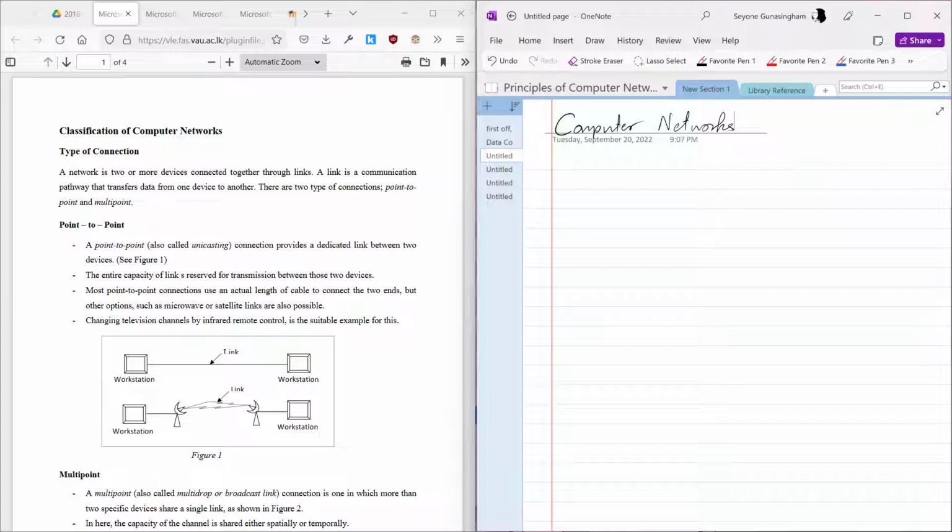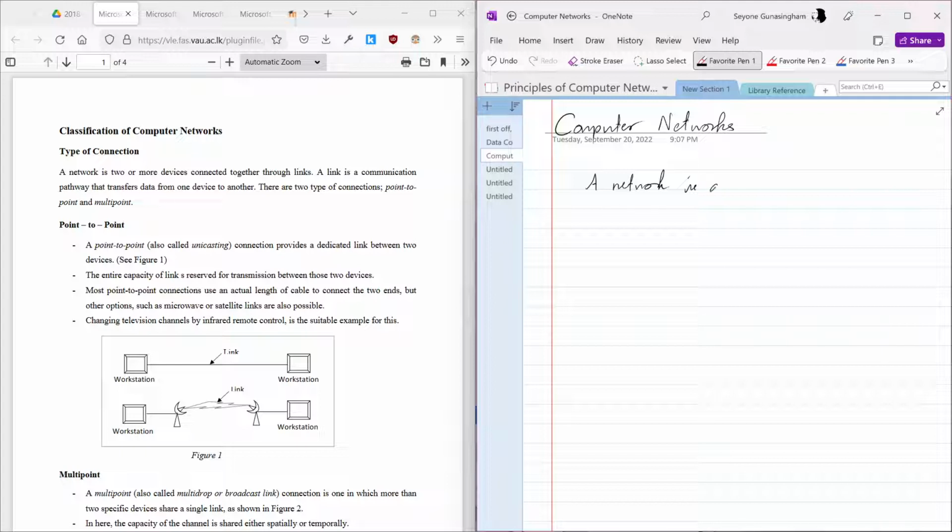Now, a network is a connection of two or more devices, right? It is a network. Actually, I don't have a way of splitting that word. Anyway, you can understand, right?